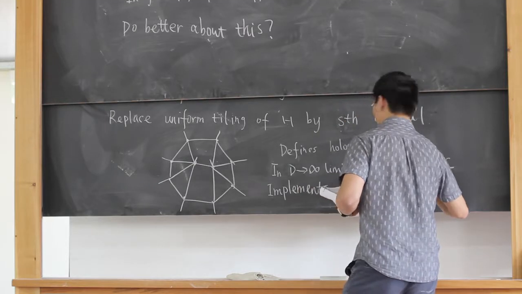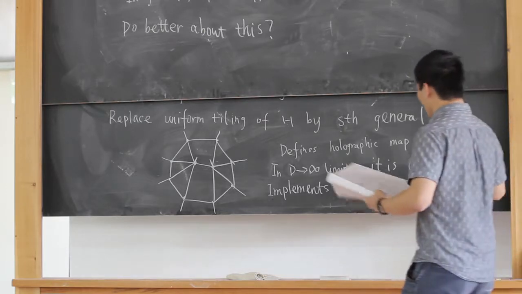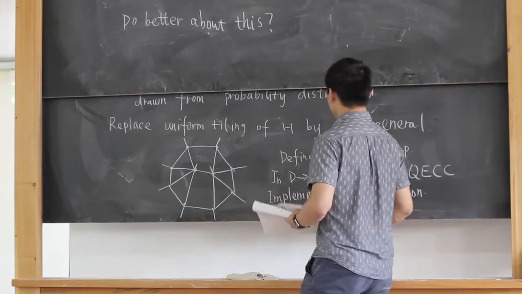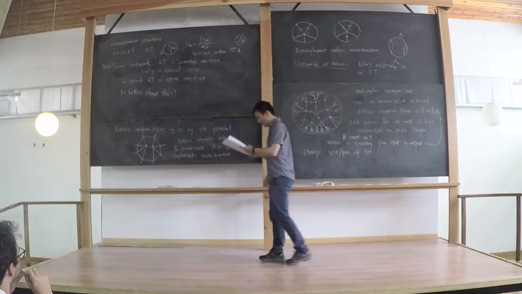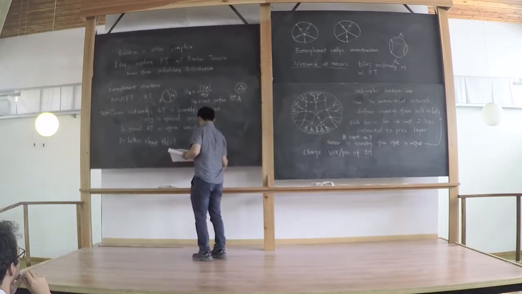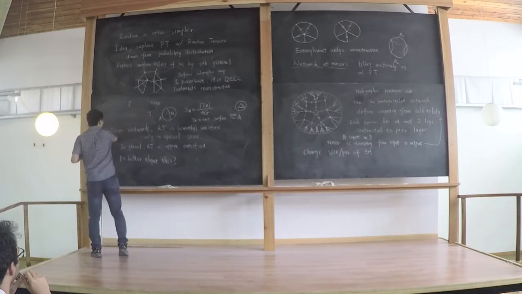In particular, it has the analog of the Rindler reconstruction, entanglement wedge reconstruction. So it has all the good properties that we discussed before, and furthermore, it satisfies the Ryu-Takayanagi formula. Let me talk about how that happens.